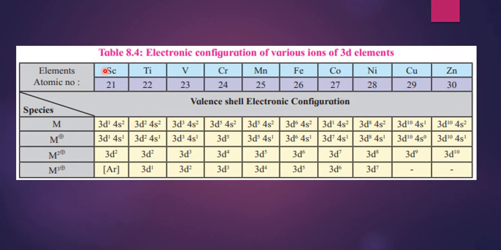These are the 3d elements with atomic numbers from 21 to 30. When they turn into a monovalent ion, what would be the electronic configuration? When they turn into a divalent ion, what would it be? And when they turn into a trivalent ion, what would be the electronic configuration of the ions formed?